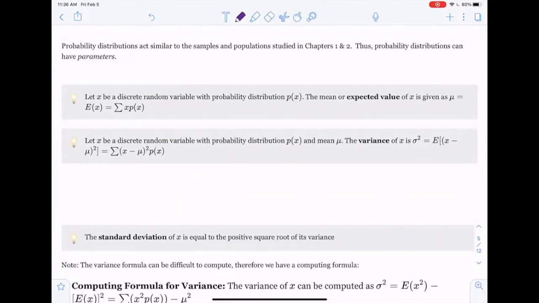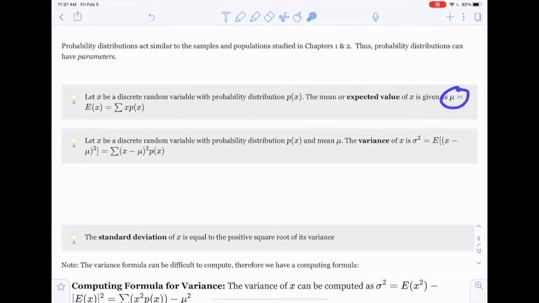One fact about probability distributions is they act very similar to the samples and populations we studied in chapters 1 and 2, and therefore can have parameters or statistics. For example, mean and variance. So if we let X be a discrete random variable with a given probability distribution, we can say the mean, or a word we use for distributions is called expected value of X, is still given by mu, right?